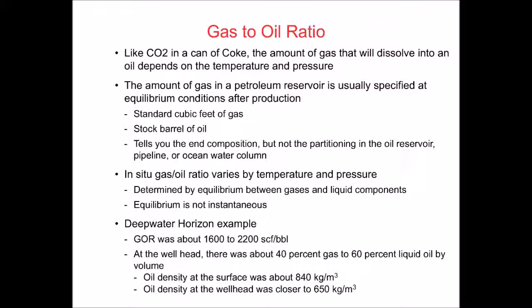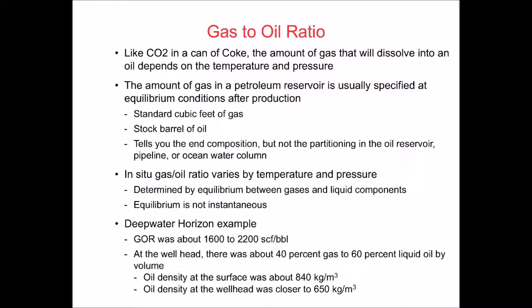And in the oil spill, when the oil spills out of the wellhead, it will be in some state of evolution towards this equilibrium. And the way we describe the amount of gas that's dissolved in the oil is through the gas-to-oil ratio.